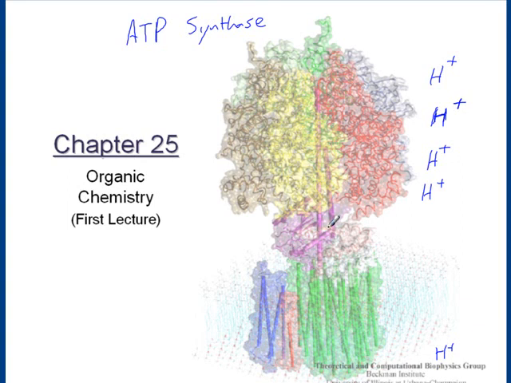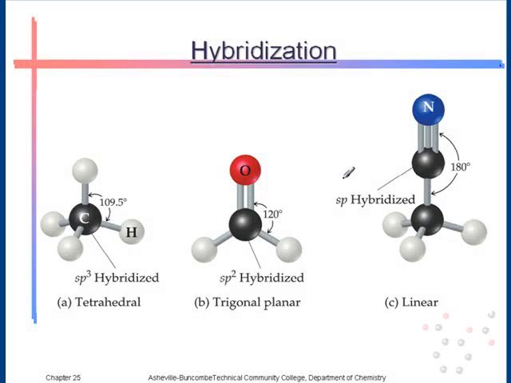So this chapter for Gen Chem 2 is an introduction to organic chemistry. And I'm going to cover some topics here. Of course, we're not going to get to the point of understanding this structure. I have no intention of doing that. I want to start building your foundation in terms of understanding organic chemistry.